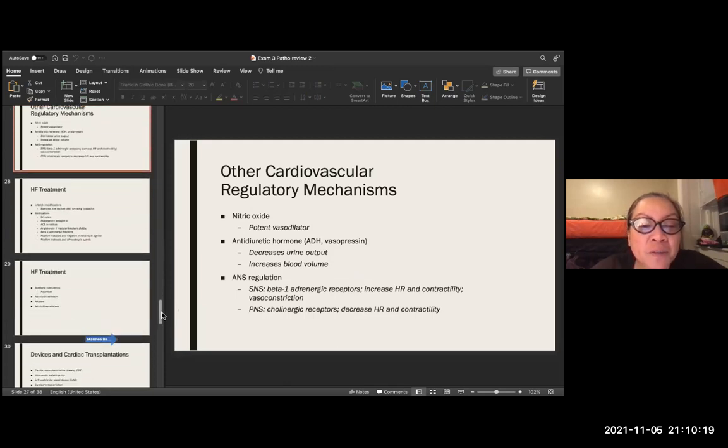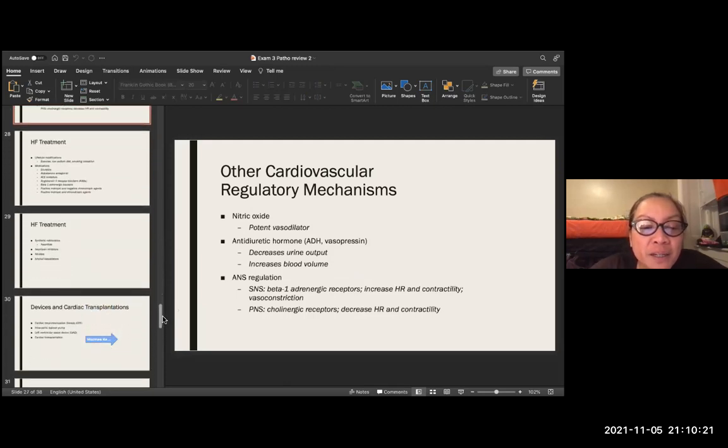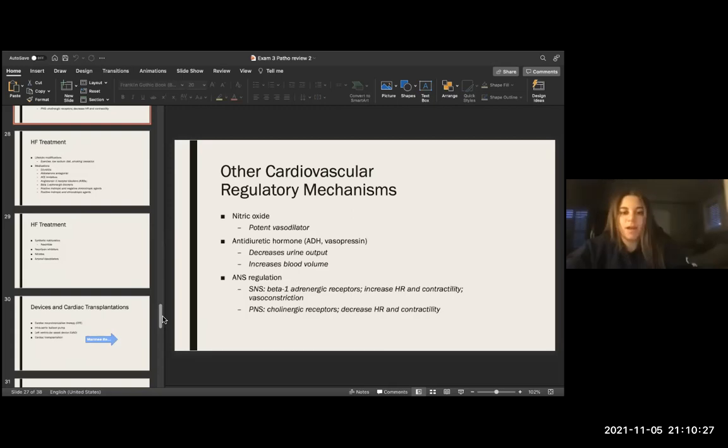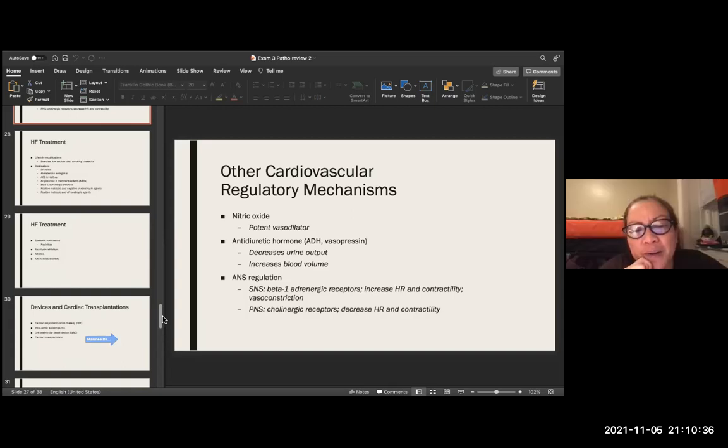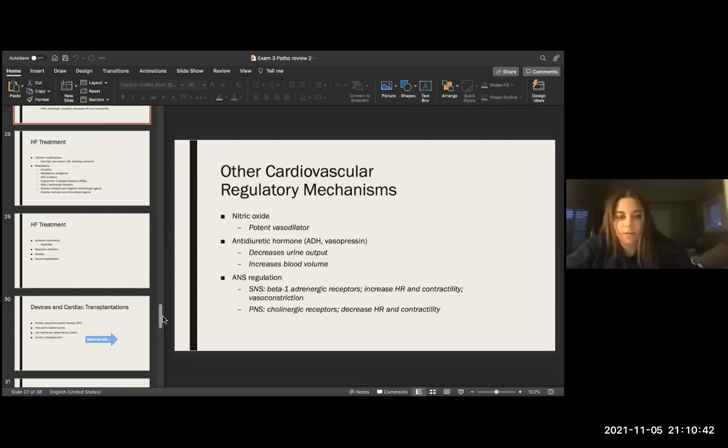Okay. Next. These are regulators: the nitric oxide, the ADH. Remember, what does the ADH regulate? There are two: urine, water and sodium. And where is the antidiuretic hormone? In what part of the pituitary? Anterior.